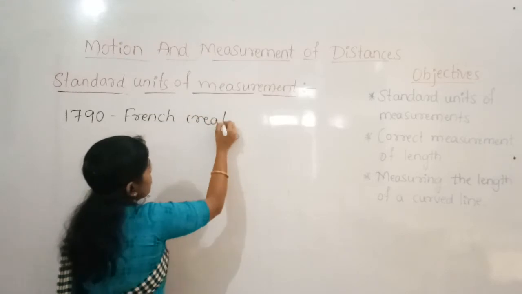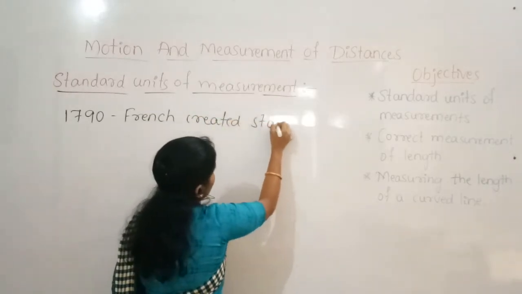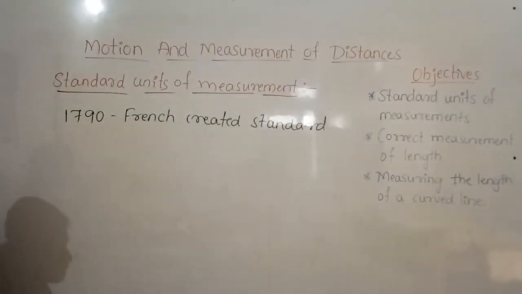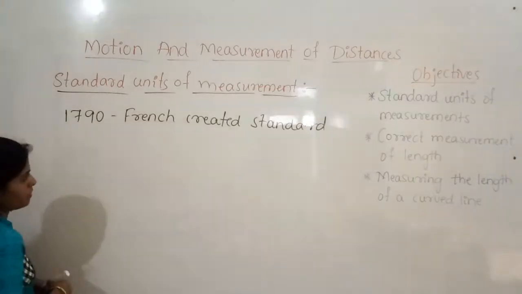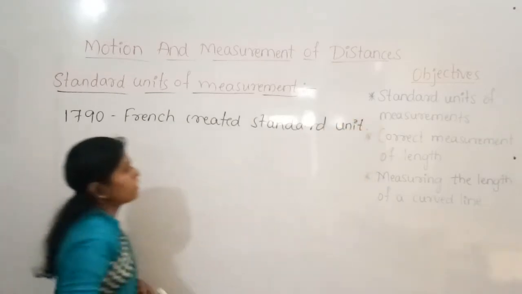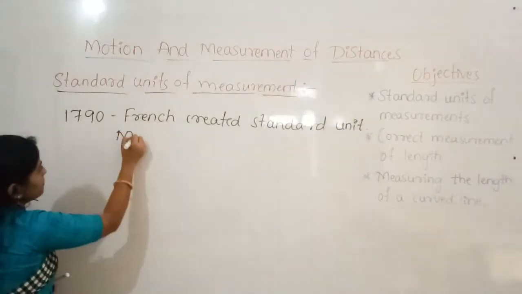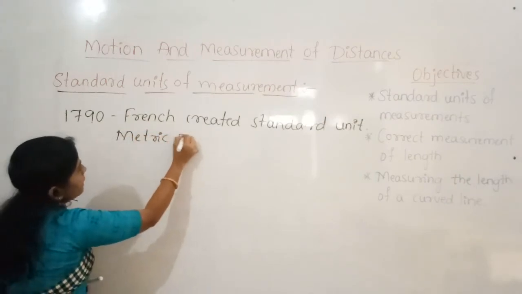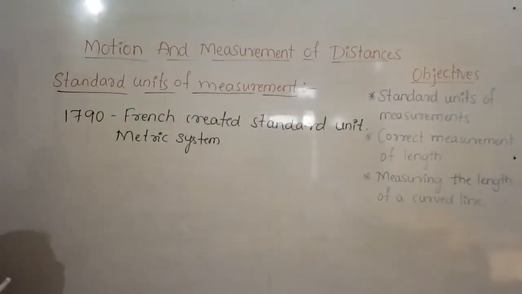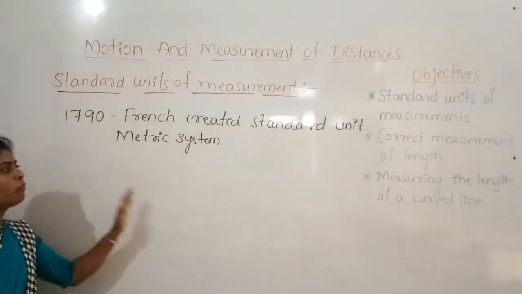Who was the first to create standard measurements? The French people, and at that time they called it the metric system. They created the standard units for measurement and called it the metric system, and these are accepted all over the world.